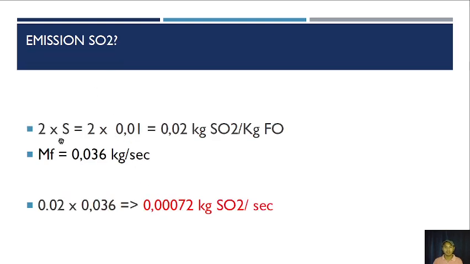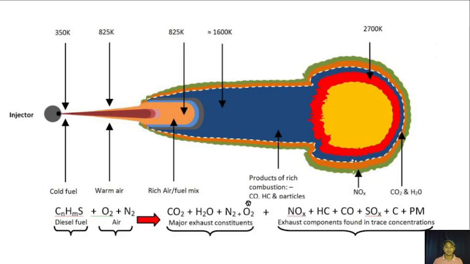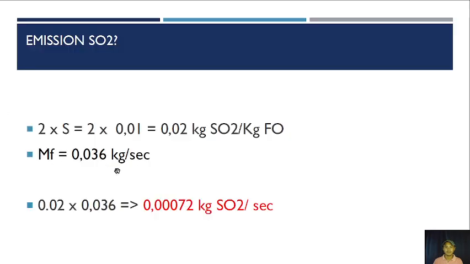For emission of SO2, 2 times S is equal to 2 times 0.01, which equals 0.02 kilogram SO2 per kilogram of fuel. The mass of fuel is 0.036 kilogram per second. Multiplying both, the answer is 0.00072 kilogram of sulfur oxide per second. So there are so many computations.